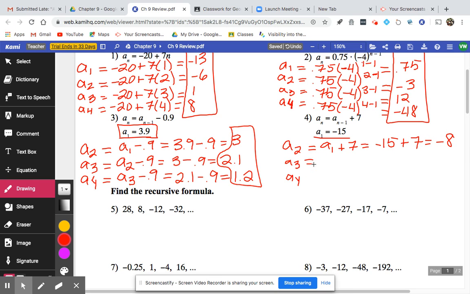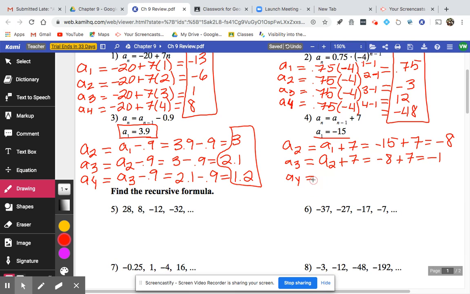If I want to find A sub 3, I take A2 plus 7. A2 is negative 8, so I take negative 8 plus 7, which is negative 1.